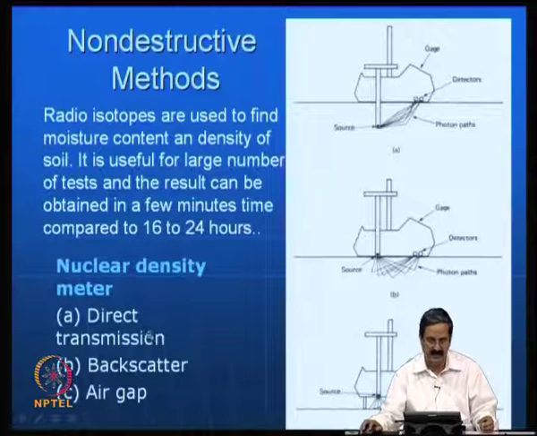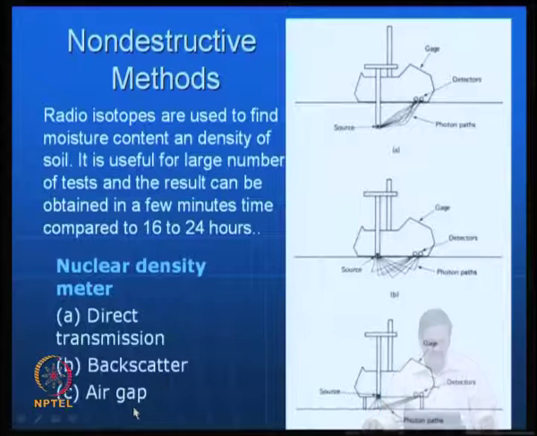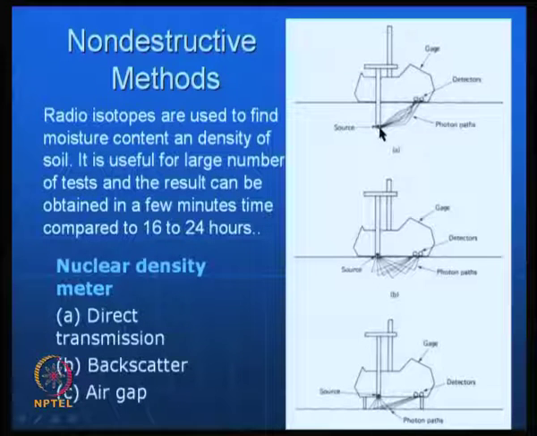Say for example, here one is a direct transmission, then there is another called scatter, and the third one is air gap. You can see that this is a source of scattering in which you are allowing the gamma radiations to come. So you place it here, and then you have a scattering here.